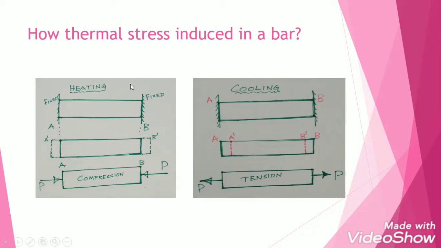So in case of heating, if both sides of this bar are fixed, then the stress induced in the material will be a compressive stress. And in case of cooling, if both ends of the bar are fixed, then the stress induced in the material will be a tensile stress.